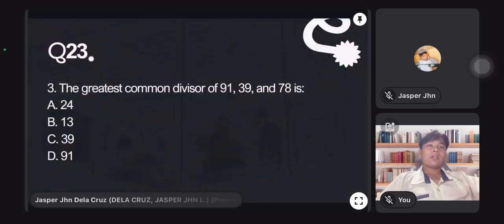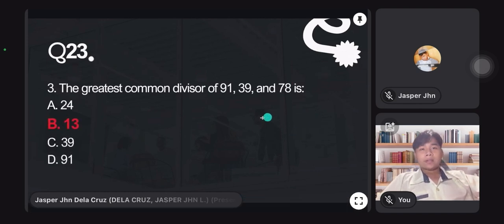Next, the greatest common divisor of 91, 39, and 17. What do you think? Okay, the greatest common divisor. So what is the greatest number that can divide 91, 39, and 17? That is 13.